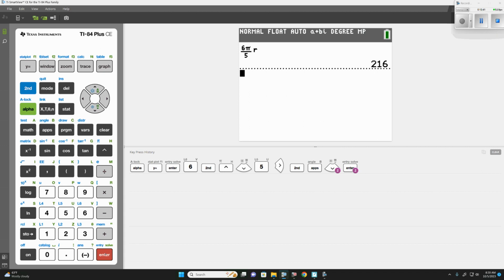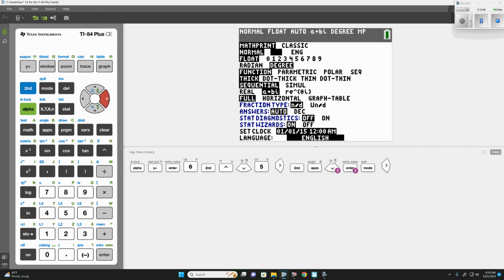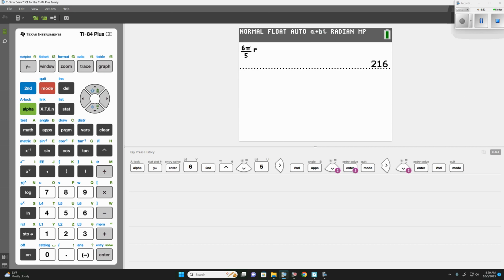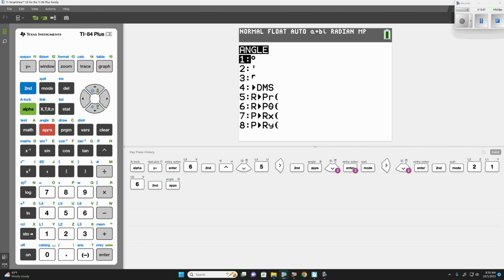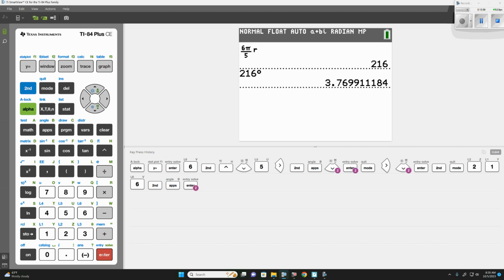And going the other way from degrees to radians is not always nice because of pi. So I could mode, go down here to radians, second quit, 216 second angle degree, we get this.